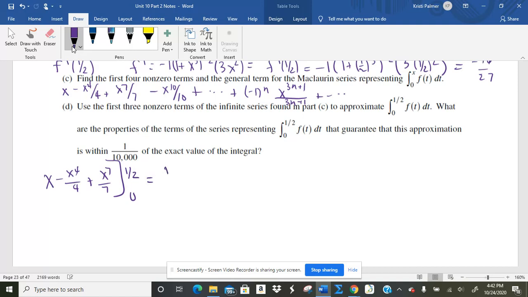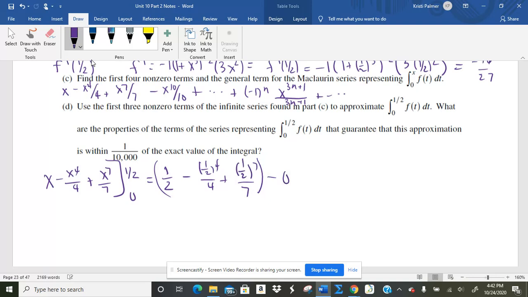So this would be 1/2 minus half to the 4th over 4 plus 1/2 to the 7th over 7. Okay, and then that's the first part, and then plug in 0, and that is 0.